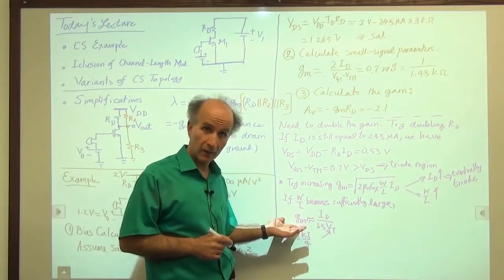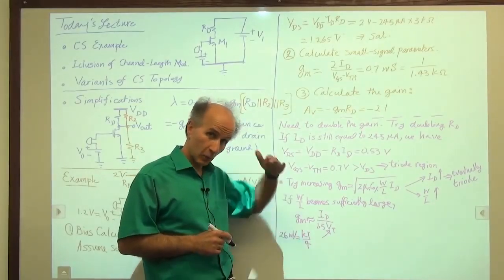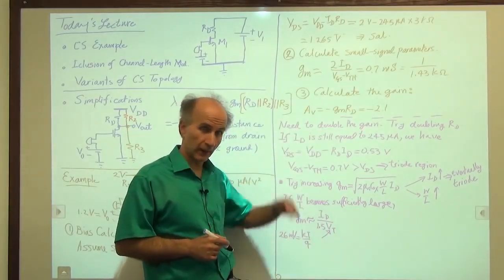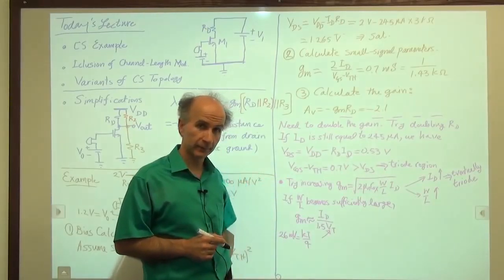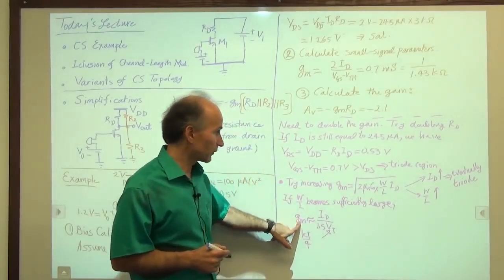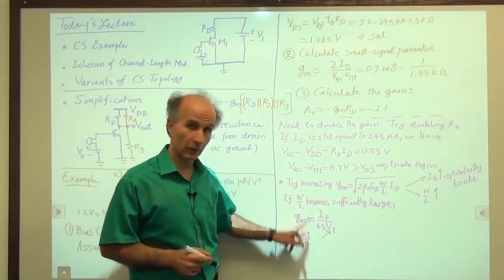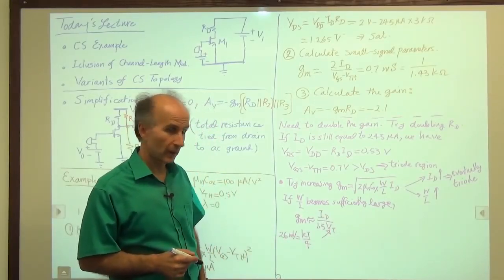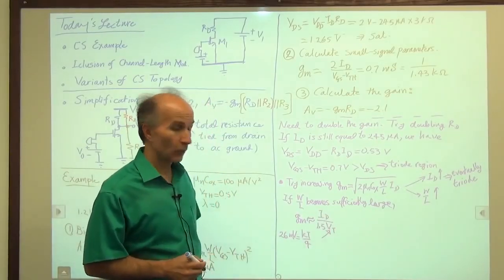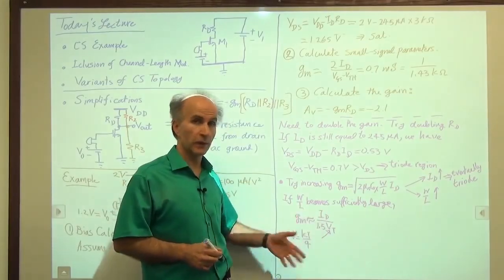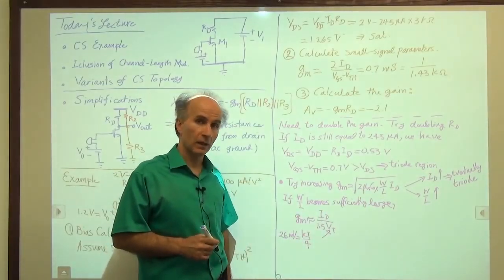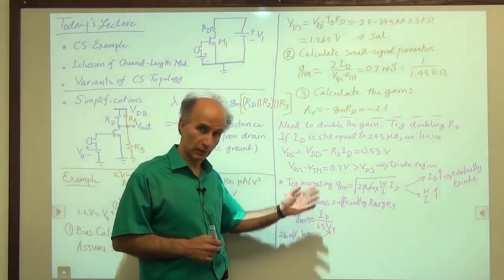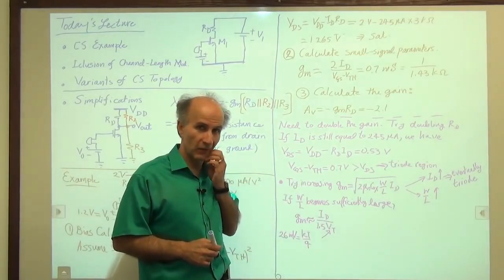We cannot exceed this, so the gain of the circuit will be bounded by some amount, right? It cannot go higher than that. So this is the upper bound on GM as W over L becomes very large. Okay? So just keep it like that. In more advanced courses, you will play with these and you will see how they can be used to calculate the behavior of these circuits.